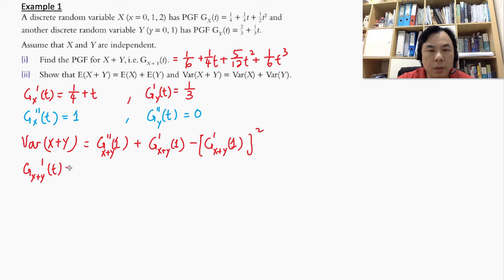So now, let's try to differentiate this one more time here. The first derivative must be the same as 1/4, 5 over 6t, and then finally 1 over 2t squared. Okay, there you have it. And then don't forget we need the second derivative.